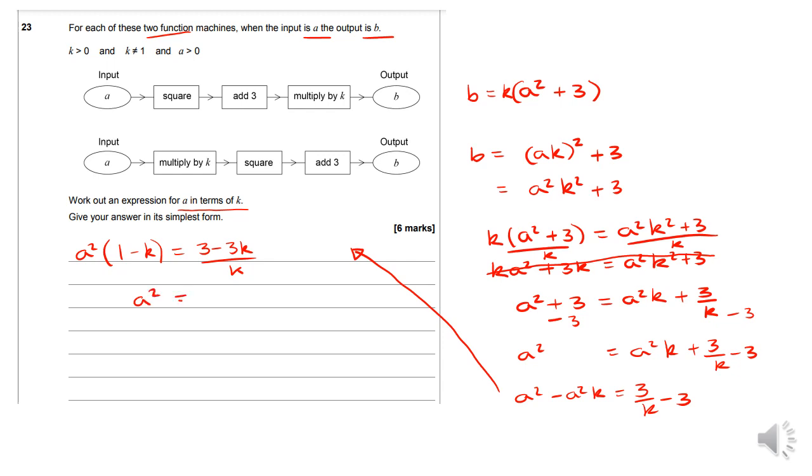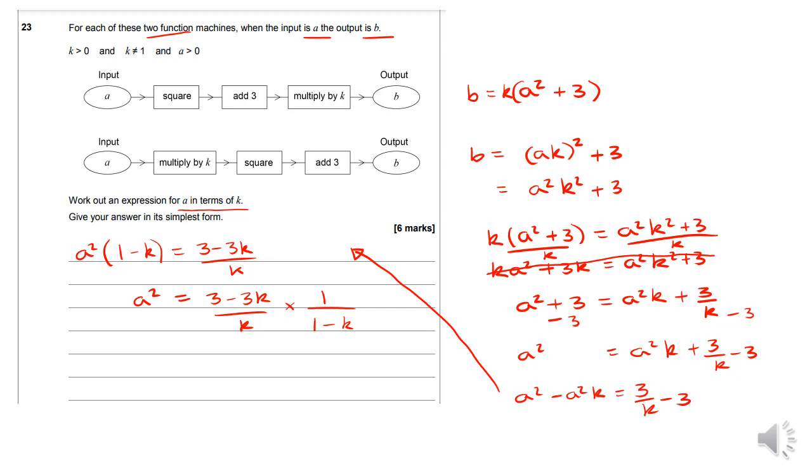If I want to divide through by the factor or the bracket, it leaves me with a squared is equal to 3 minus 3k over k, all divided by, or times by, the reciprocal, times by 1 over 1 minus k.